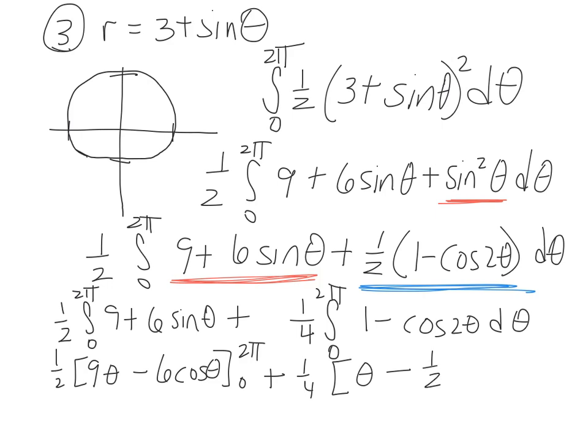It's going to be 1/2 sine 2 theta, evaluated from 0 to 2 pi. So now I'm just going to plug in my 2 pi's and subtract what I get when I plug in my zeros and work out all that arithmetic. I'm going to move to the next screen to do that. It's going to take a bit of room.